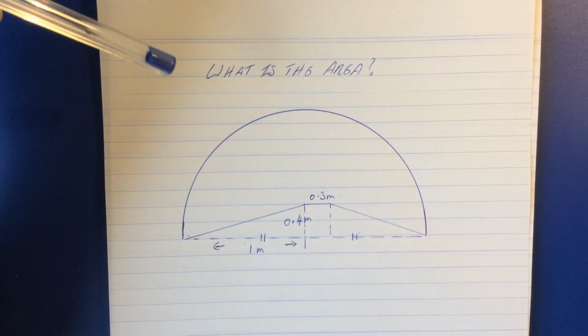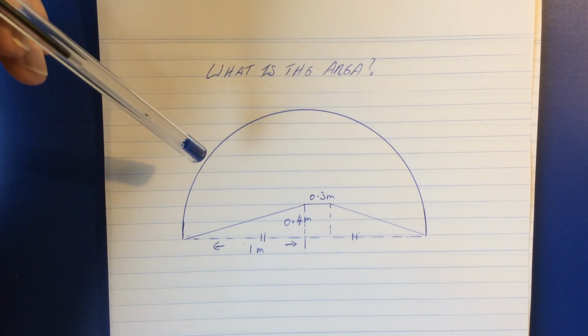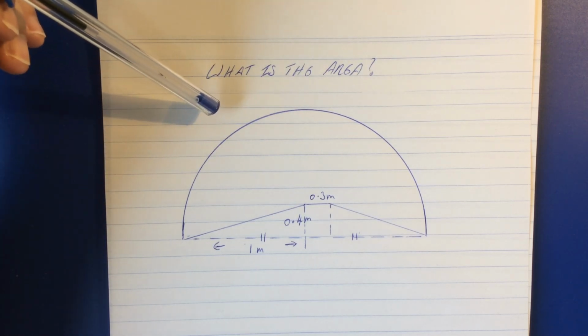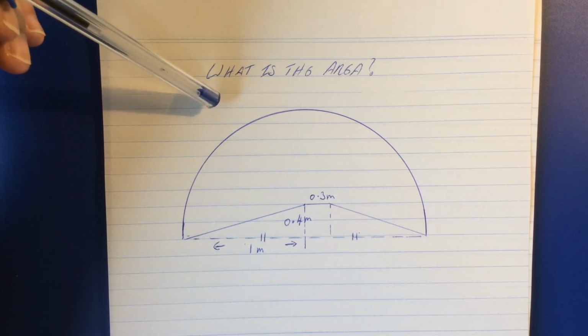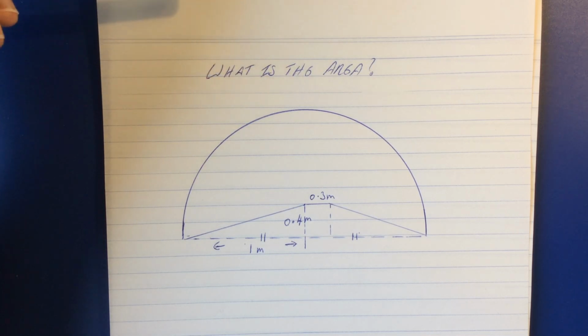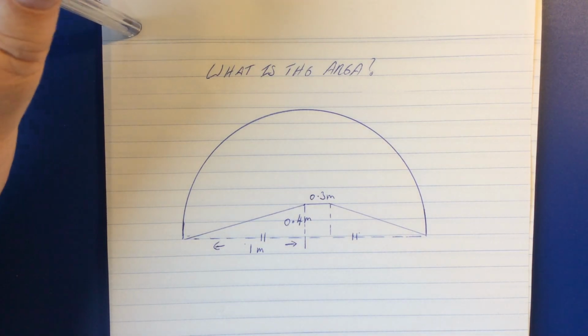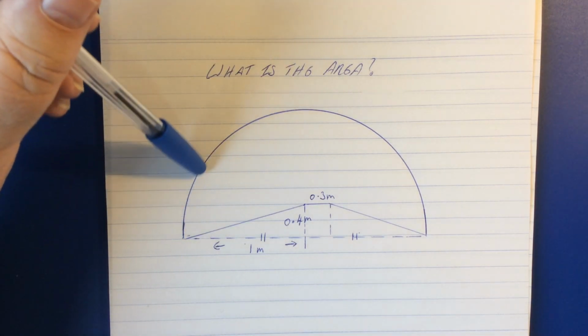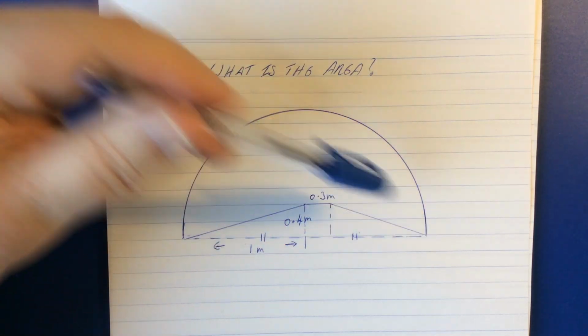And what we have in front of us is a reasonably complex shape. We're asked to find its area. So let's just take a moment to consider what we've got here. We've got a semicircle.